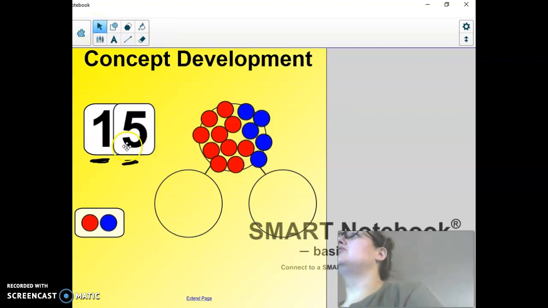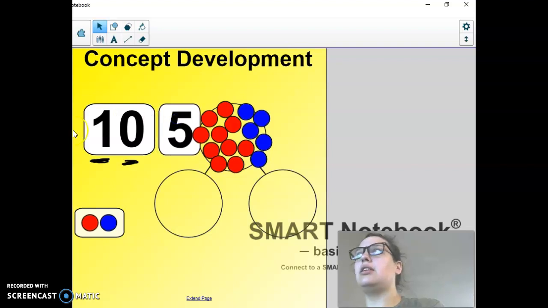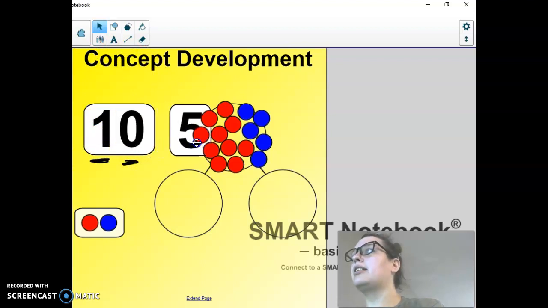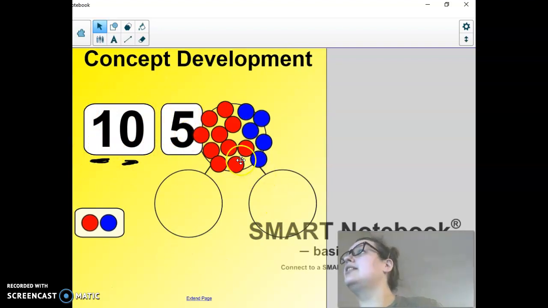Wow. So it's on the left, I see. When I take that number apart, watch again. What number is this right here? 15. If I take it apart, 15 is really 1 ten, and how many ones? 5.